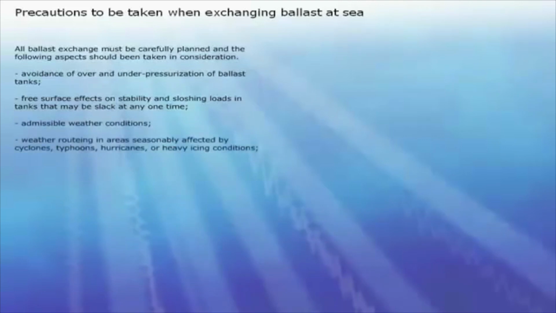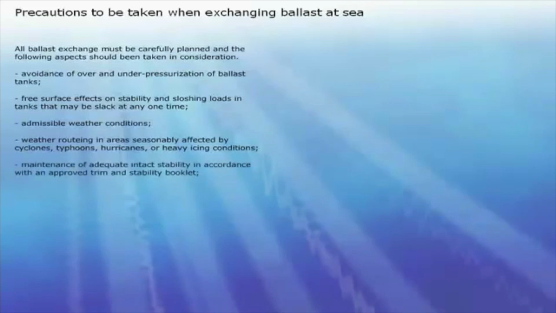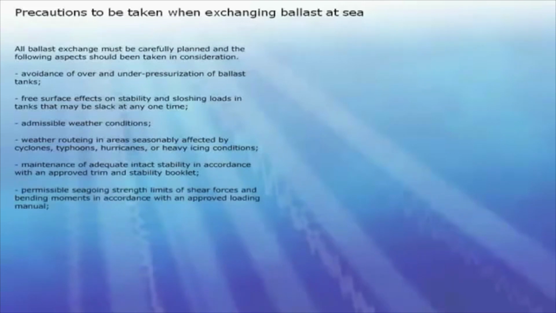Weather routing in areas seasonably affected by cyclones, typhoons, hurricanes, or heavy icing conditions. Maintenance of adequate intact stability in accordance with an approved trim and stability booklet. Permissible seagoing strength limits of shear forces and bending moments in accordance with an approved loading manual.